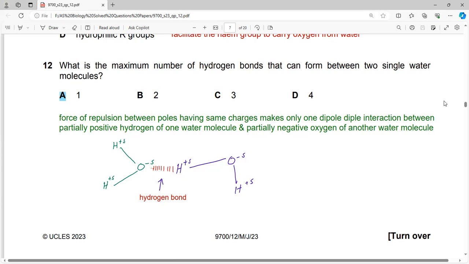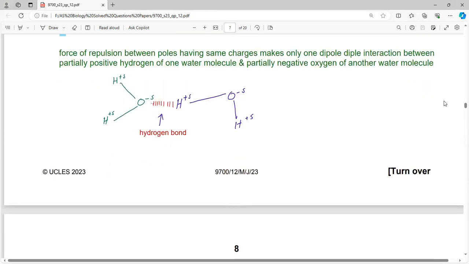There is a force of repulsion between the partially positive and partially negative ends of the same kind. That's why only one hydrogen bond is possible between two water molecules, between the partially negative oxygen and the partially positive hydrogen atom. So A is our correct option here.